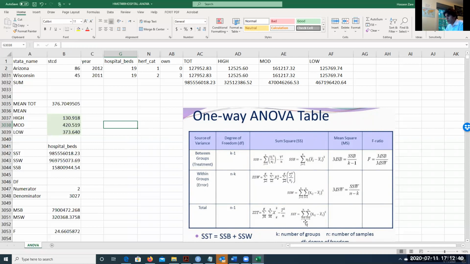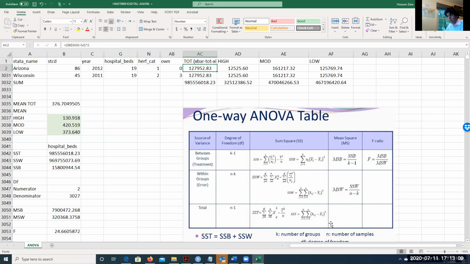SST is equal to the sigma of the total average mean minus xi for each hospital. So this is the formula: x bar, usually we use x bar for a mean, right? x bar for total minus xi at the individual level, to the power of 2.